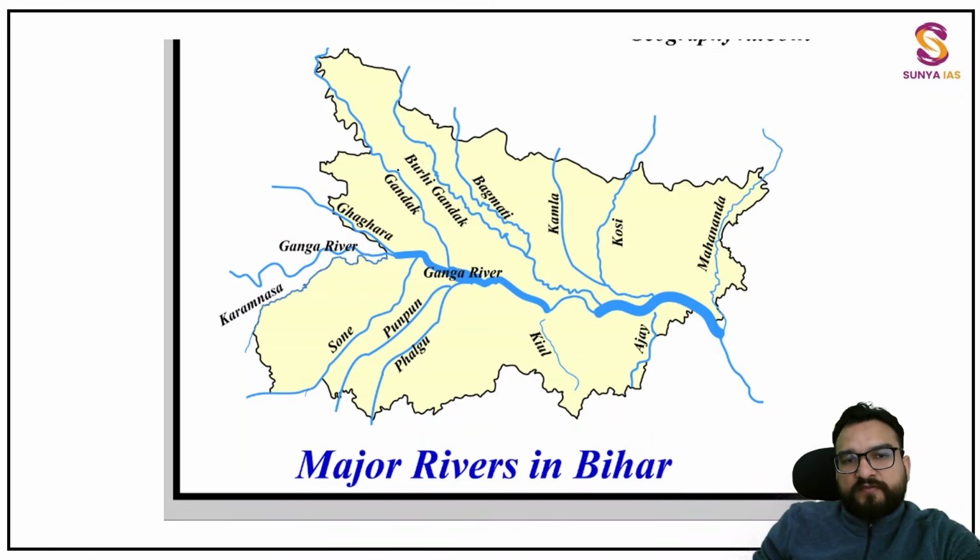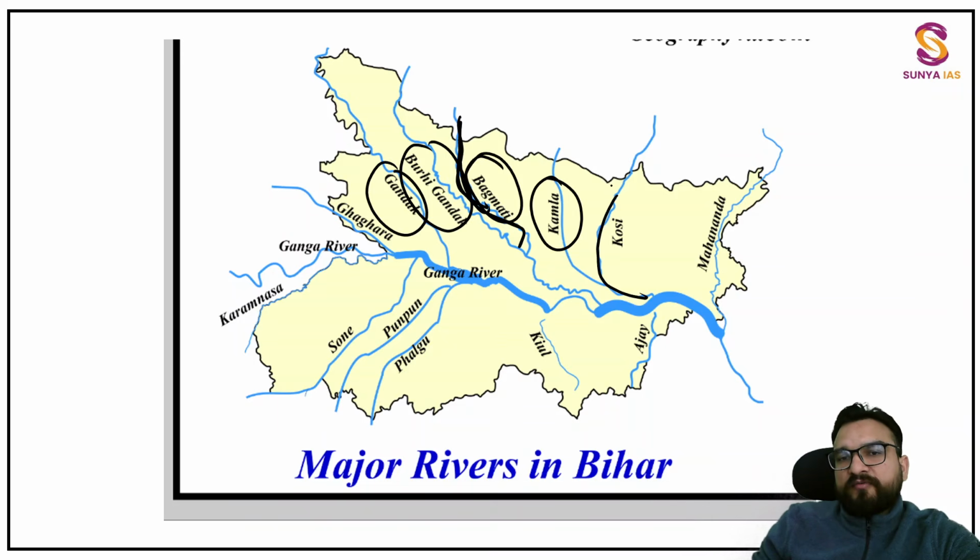Alright, so I hope you have seen Gandak, Budi Gandak, and on Budi Gandak, one particular tributary you can see, Bagmati, you can remember this. Kosi tributary, Kamla, this is over here you will be finding. Arun also is one tributary of Kosi you are going to find. But again, not very important. And then Mahananda you will be finding.